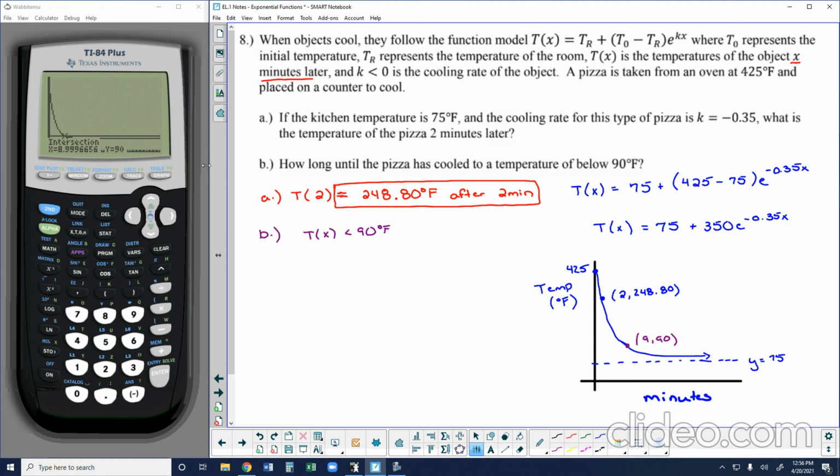At 8.9996656, it is at 90. So at 9 minutes, or let's say 9 minutes or greater, we'll have a temperature of below 90 degrees.